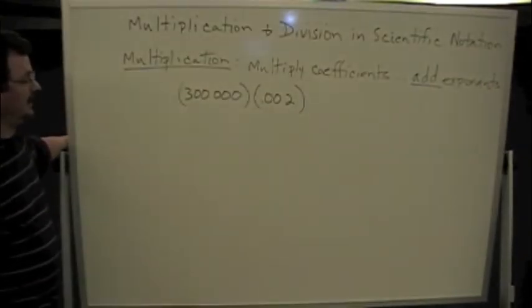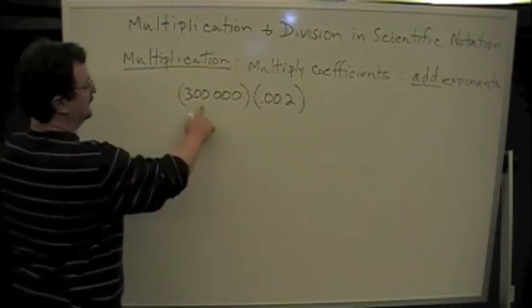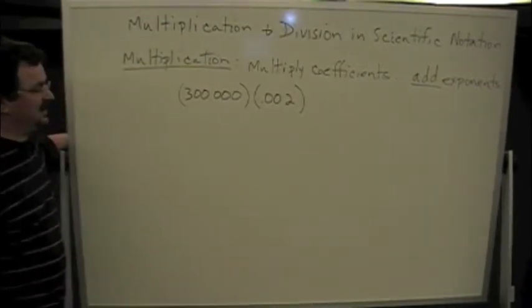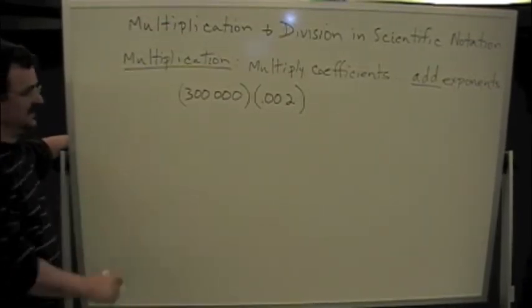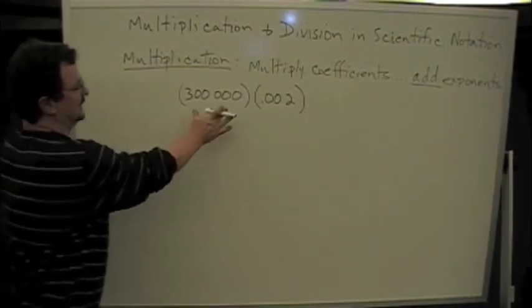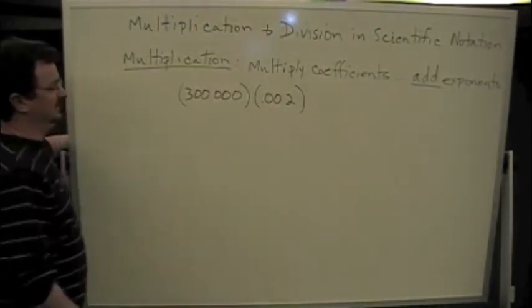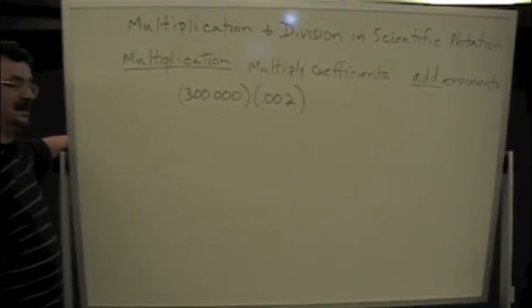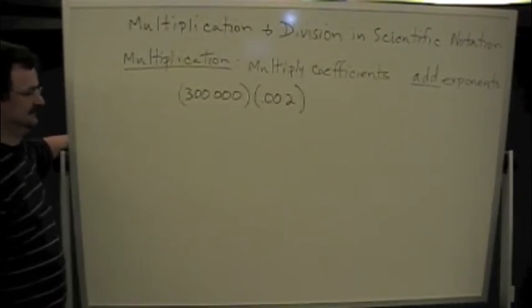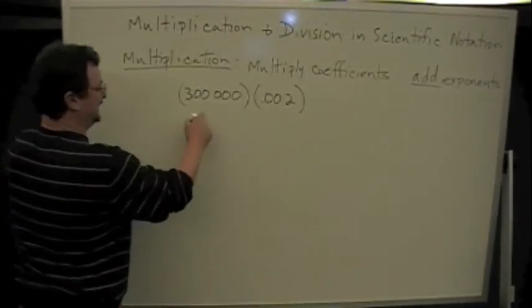Okay. So what is that going to be? Well, again, press the pause button on your computer now and see if you can do this on your own. First, you need to change this to scientific notation and then do the multiplication. Okay. I'll wait, but not very long.